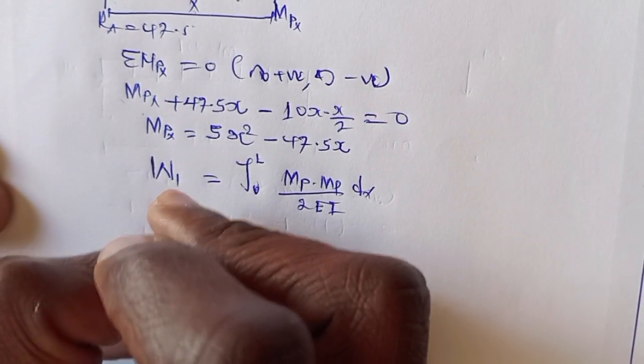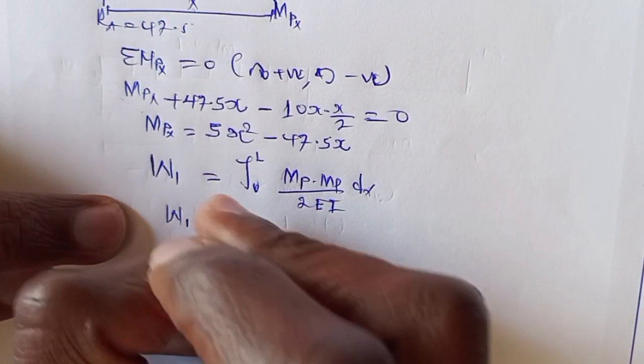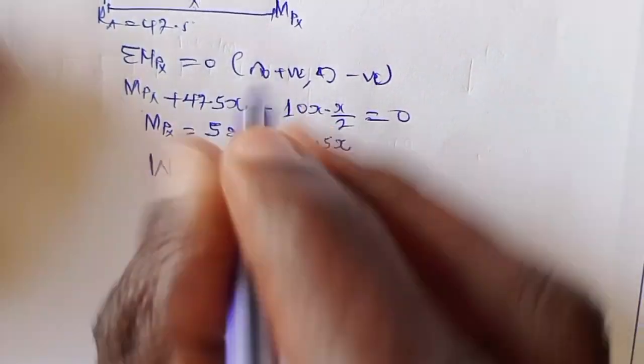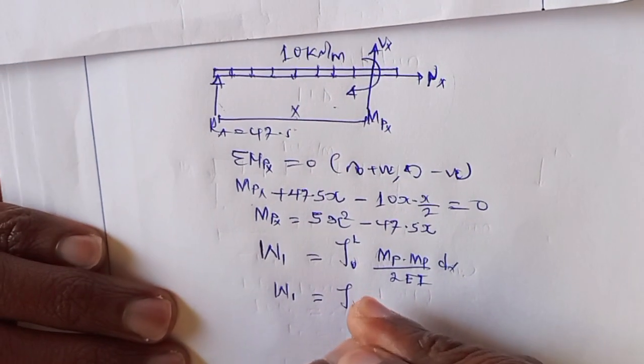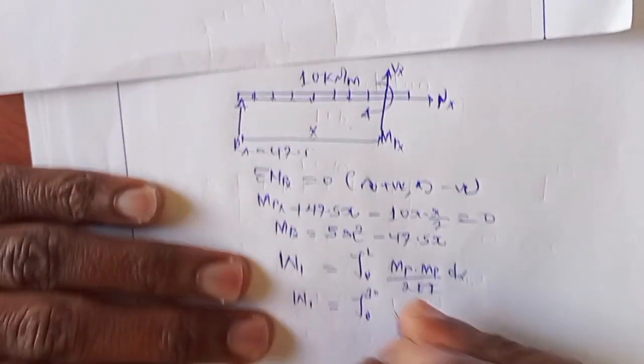Therefore, internal energy for section 1, its distance is from this point up to this point, so it is 10. So it is from 0 to 10 meter.